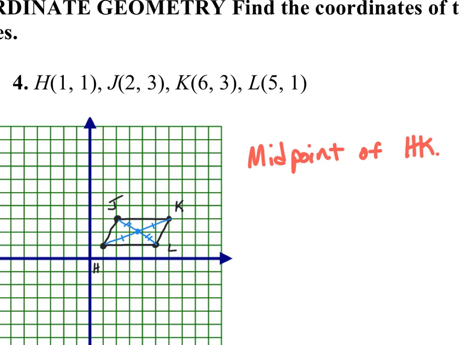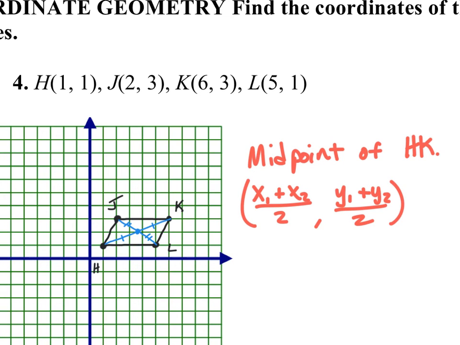And so what I want to do is use my midpoint formula and then quickly review that. That's x sub 1 plus x sub 2 over 2, comma, y sub 1 plus y sub 2 over 2.